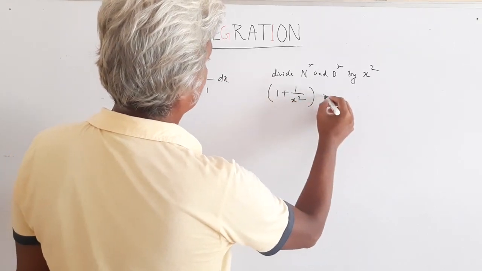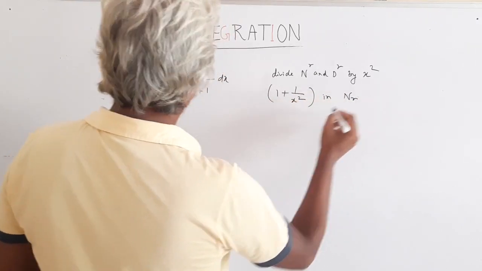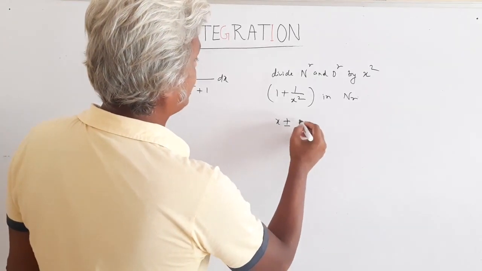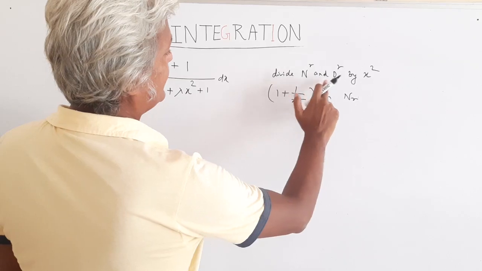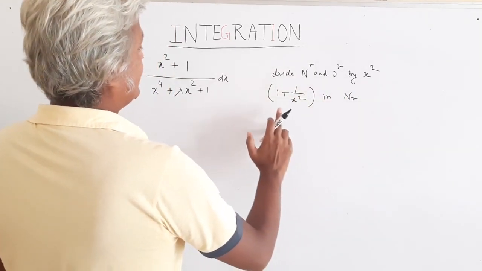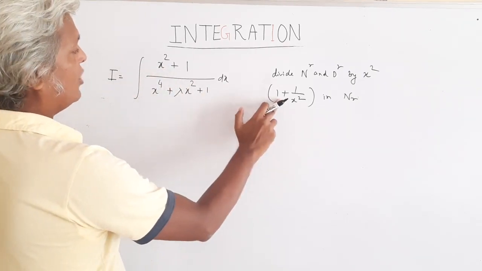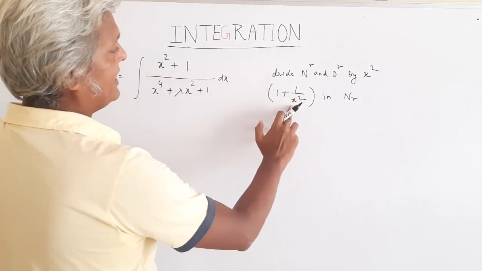in the numerator, and the denominator will become x plus minus 1 over x. So when you divide the numerator and denominator by x square, the numerator will have 1 plus 1 upon x square, because x square becomes 1 and the 1 becomes 1 upon x square.